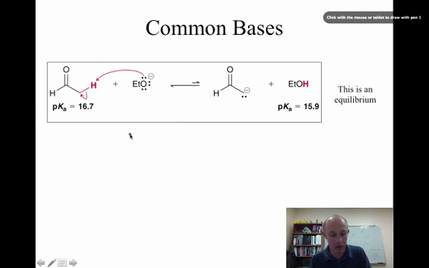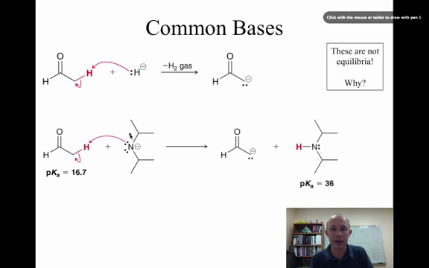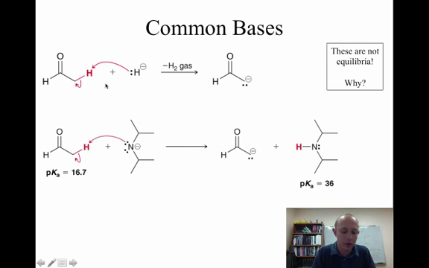Whereas other times you don't want an equilibrium. You might want to quantitatively deprotonate your aldehyde or your ketone. In that case, you could use a reagent like sodium hydride. Hydride is a very strong base which can deprotonate this alpha position, and this is an irreversible equilibrium. Hydrogen gas bubbles out of the reaction and we get only the enolate ion out of this reaction.